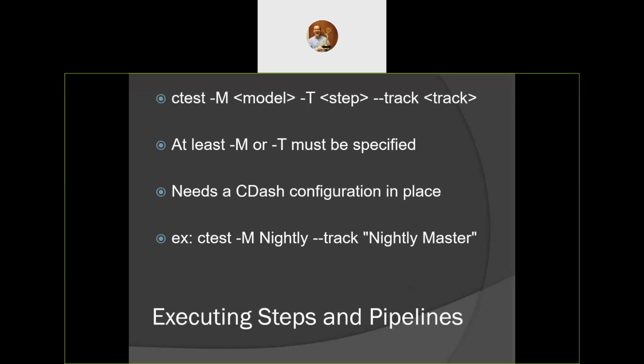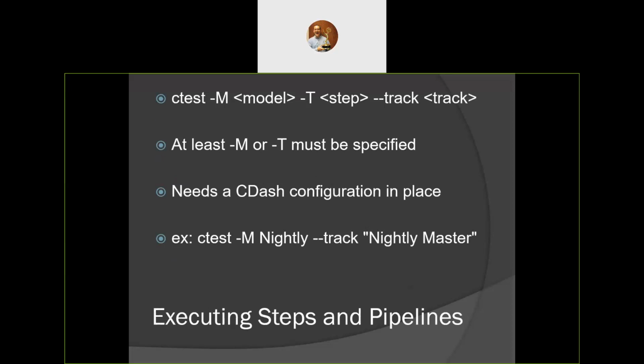So you can use CTest to execute a particular model or a particular step. And really all this does is, under the covers, it's just running commands in the CMake script that is generated for CTest by your CMake configure step.